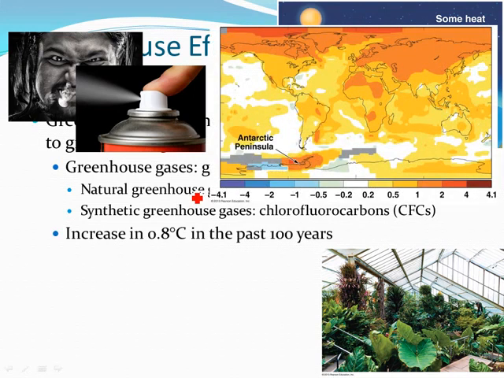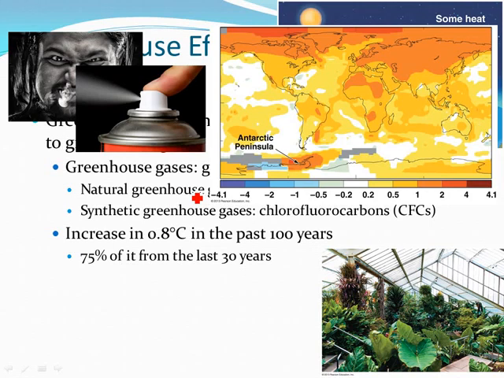So within the past 100 years, temperature has increased by 0.8 degrees Celsius. That doesn't seem like much, and it may not be much, but you also want to take note that 75% of this 0.8 degrees Celsius increase occurred within the last 30 years.